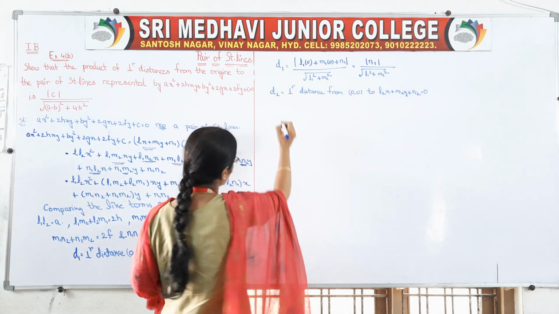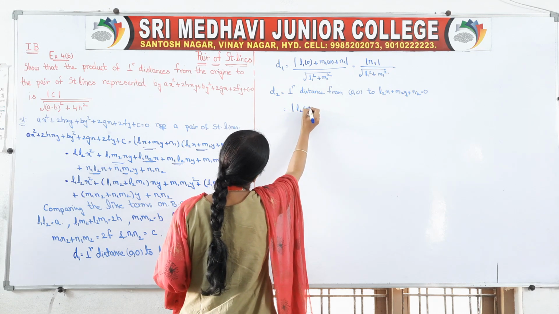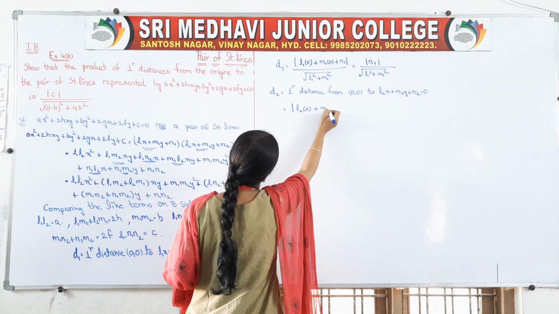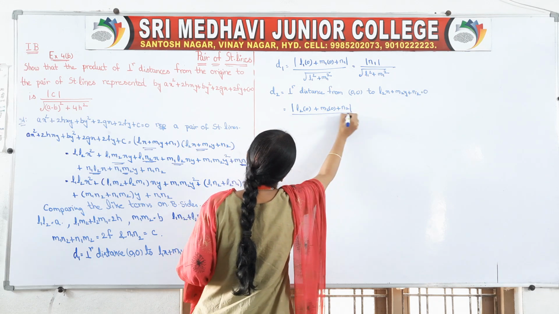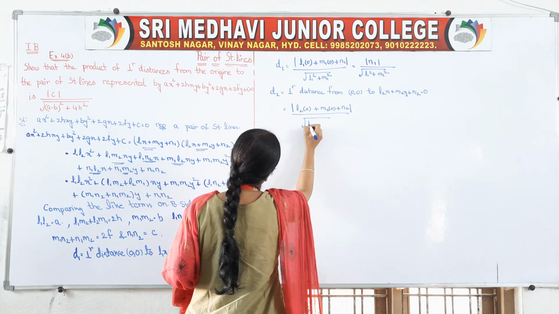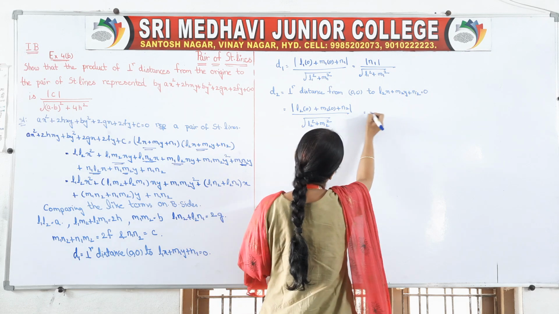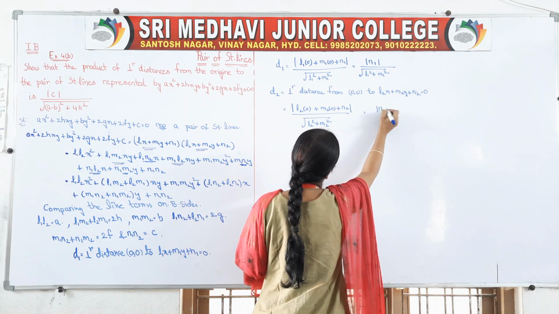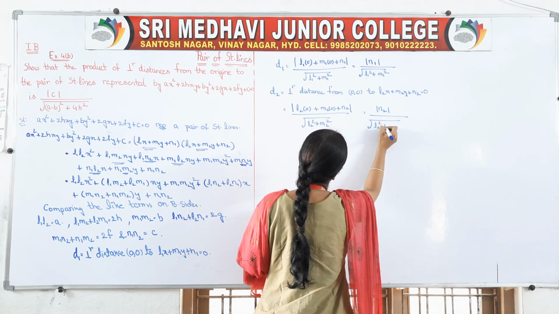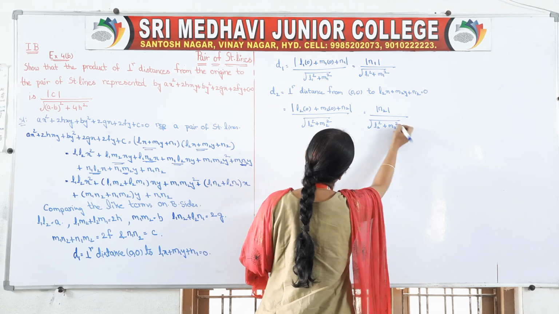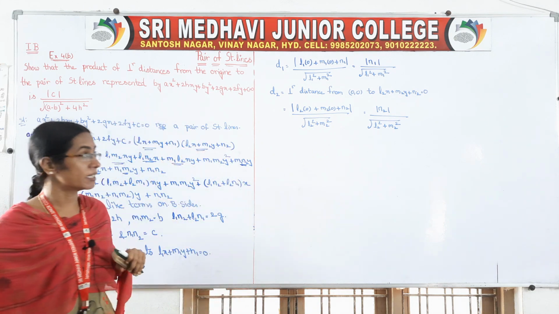Same formula we have to apply: modulus of L2 into 0 plus m2 into 0 plus n2 by root of L2 square plus M2 square. So this is nothing but mod N2 by root of L2 square plus M2 square. Okay, we got both perpendicular distances.